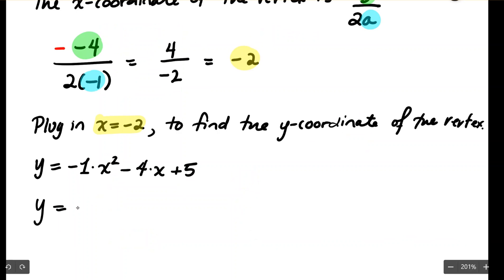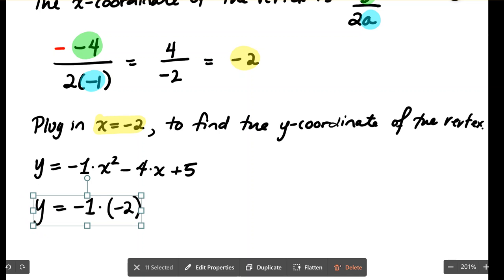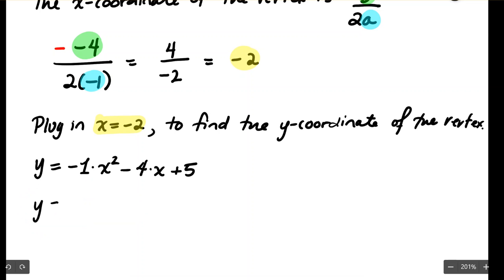So y is equal to minus 1 times x squared. Remember, it's helpful for a lot of us to insert parentheses around the x, so you make sure you square the minus 2.